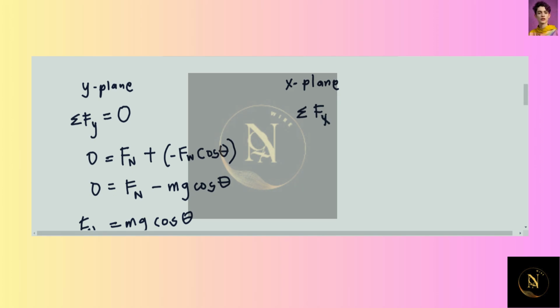We denote this summation as F sub x. This is equal to, by Newton's second law, the mass of the body multiplied by its acceleration due to its motion, a sub x.